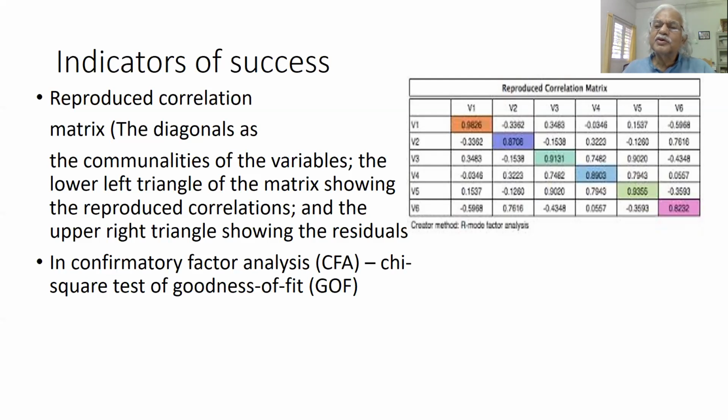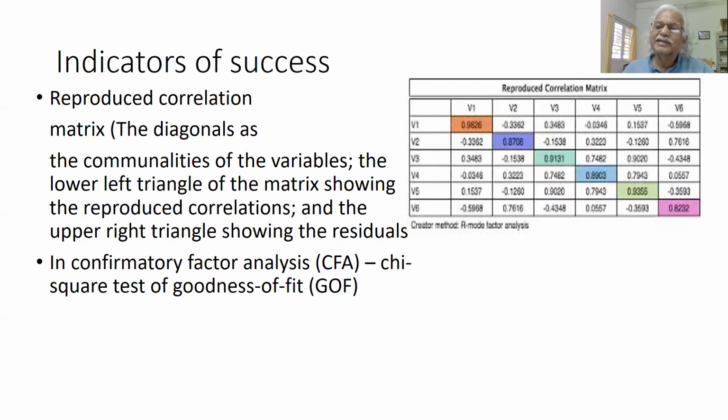And reproduced correlation matrix is going back from factors to variables. If factors can be written as linear combinations of their variables, variables can also be thought of as linear combinations of factors. So after doing factor analysis, you can calculate values of variables from different factors.